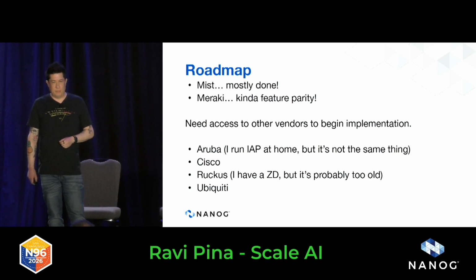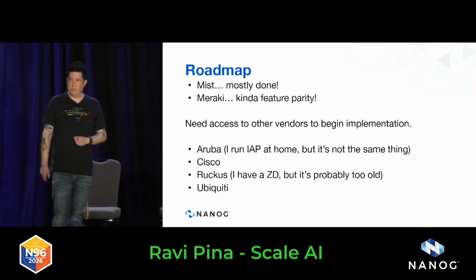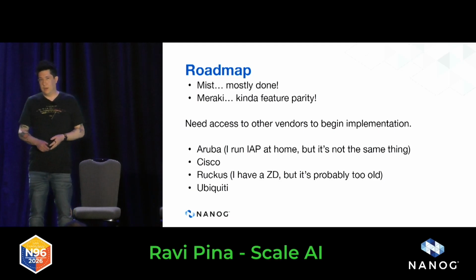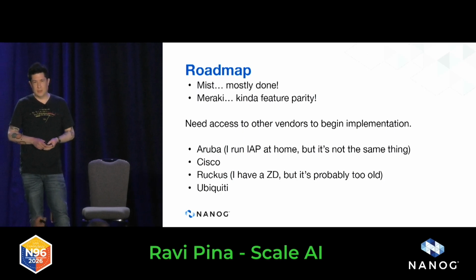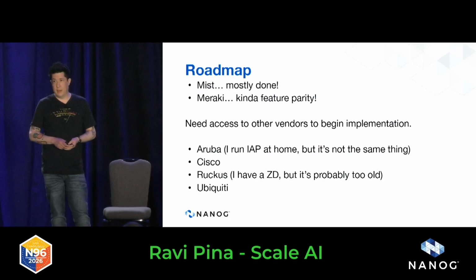So the roadmap of the tool: Mist is mostly done, and Meraki is at feature parity, which is to say it's also mostly done. A lot of the work that I do with this is really through my access to that particular vendor. I'm fortunate enough to have an old Mist AP, like an AP41, at home, so I was doing a lot of the testing with that.